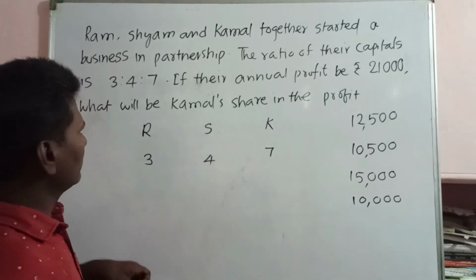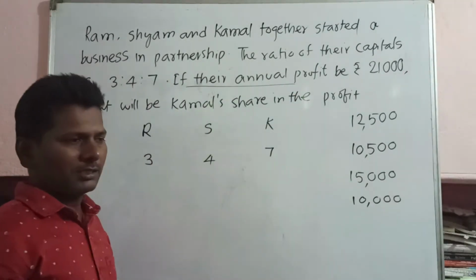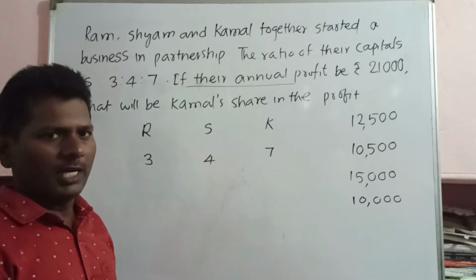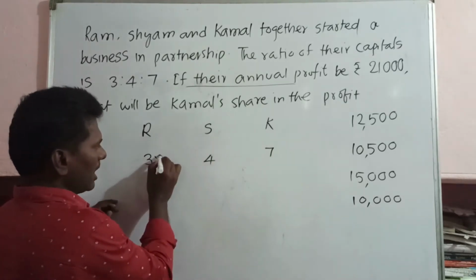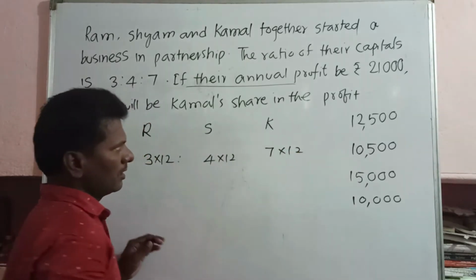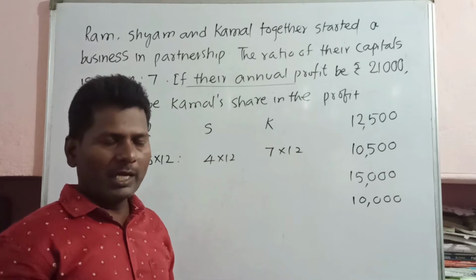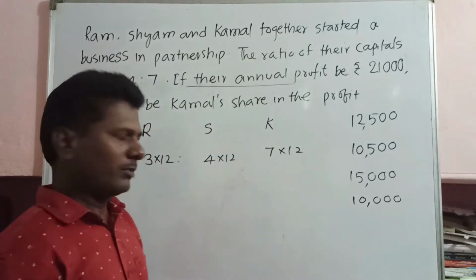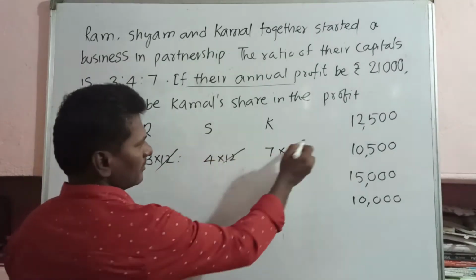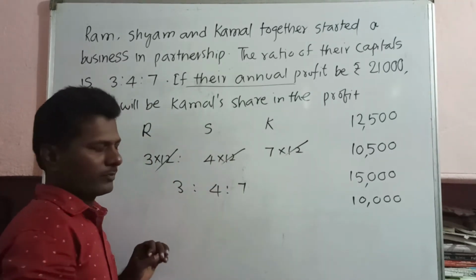Now time period. Here annual profit is given. Annual means that business went for 1 year. So here I am writing into 12, here also into 12, into 12. When time period is same for all the members, you need not write 12 because 12 gets cancelled. Again we get 3:4:7.